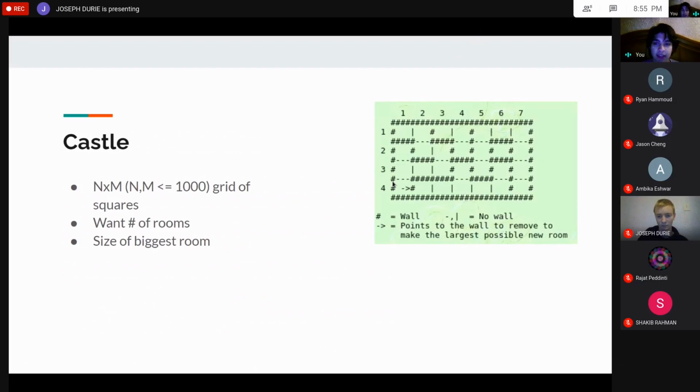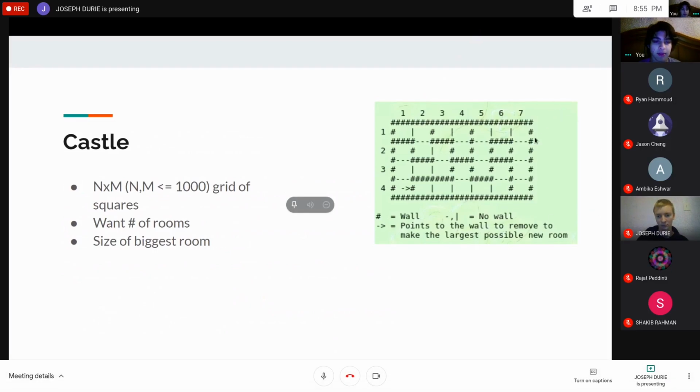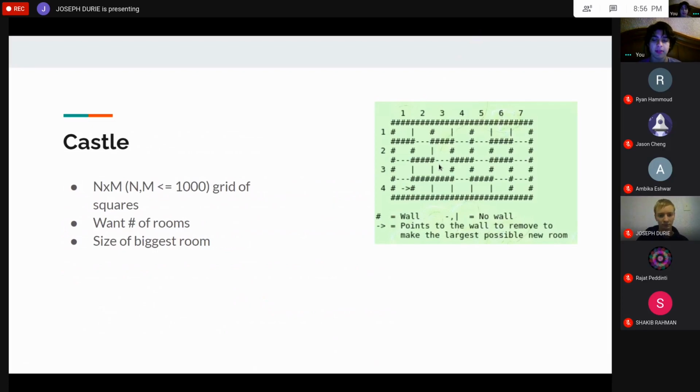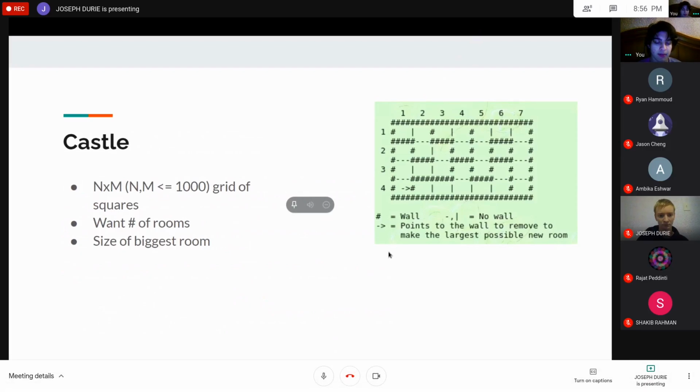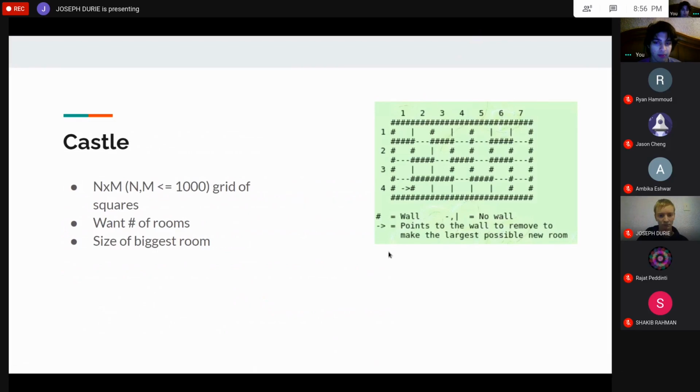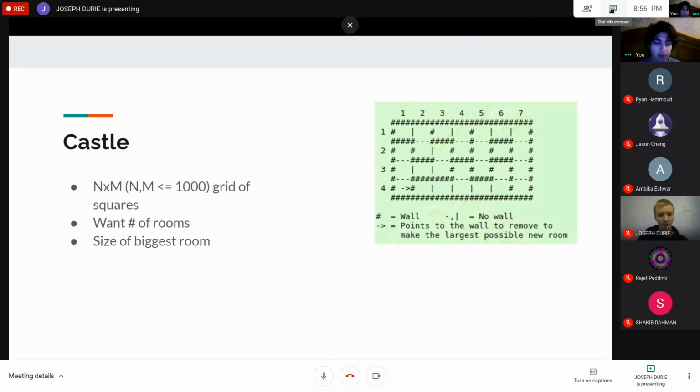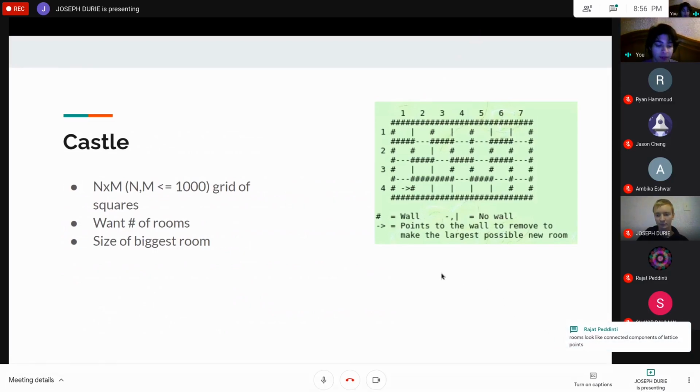Okay, so any ideas? The basic idea should be pretty obvious if you came last week. Yeah, exactly, we want to find connected components.